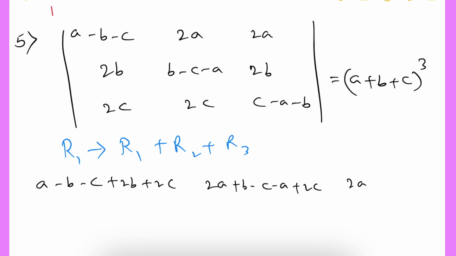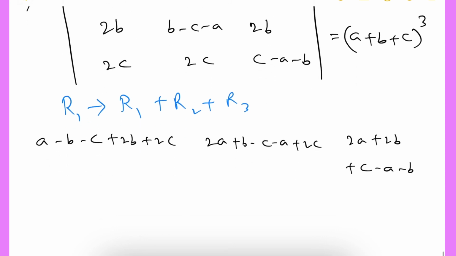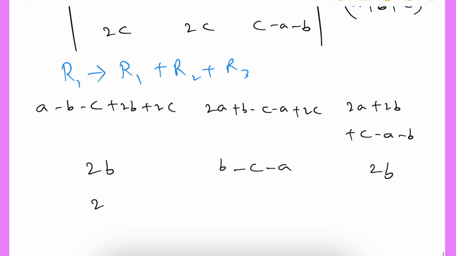Then third element will become 2a plus 2b plus c minus a minus b. This is R1 plus R2 plus R3. Now second row as it is: 2b, b minus c minus a, and 2b. Third row also as it is: 2c, 2c, c minus a minus b.